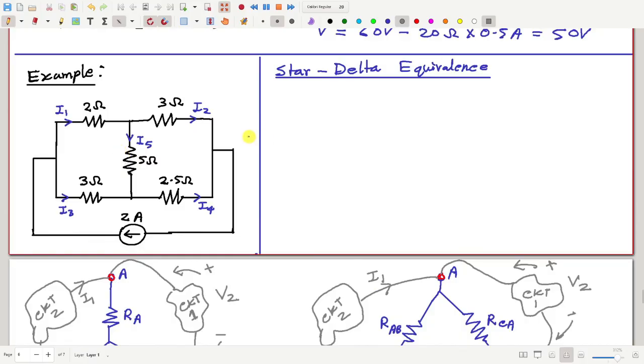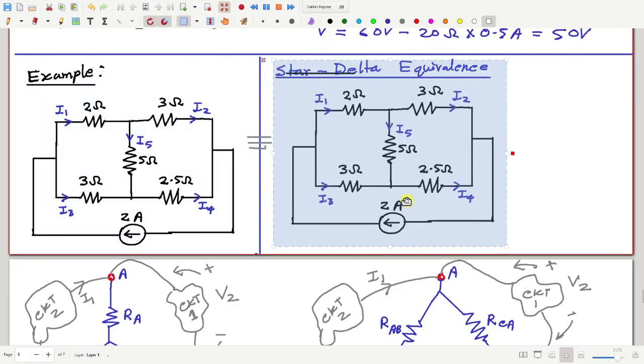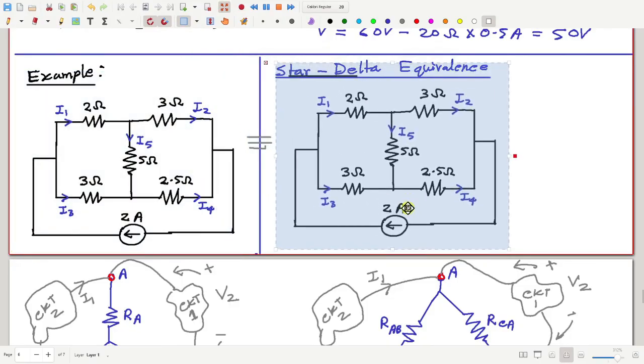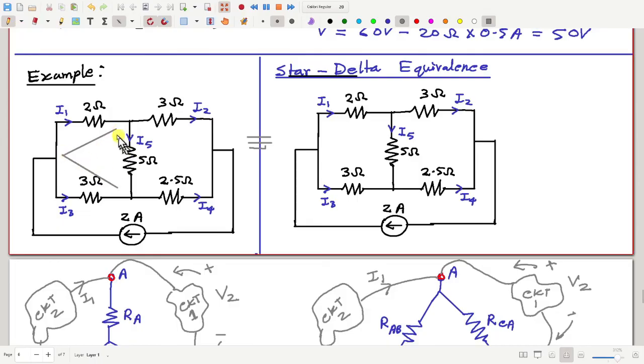So what I will do, I will draw the equivalent circuit. I'm first making a copy. Now consider this left side delta.